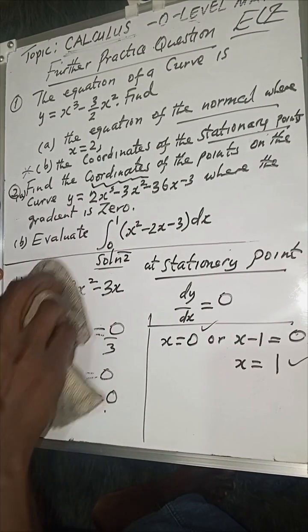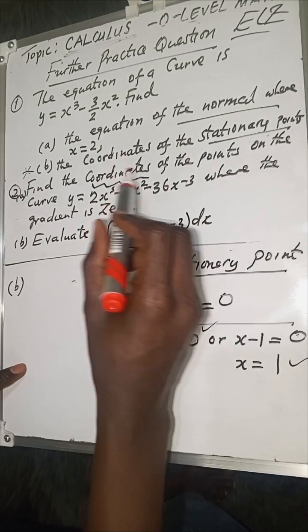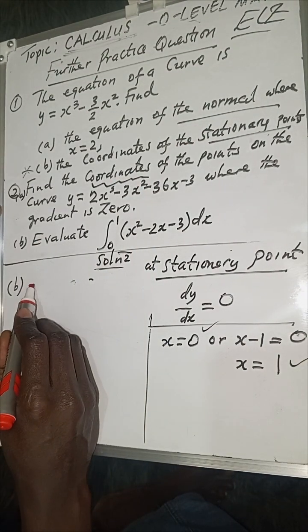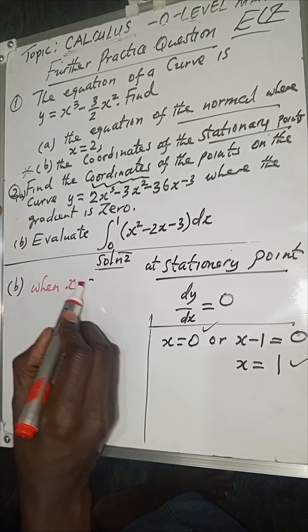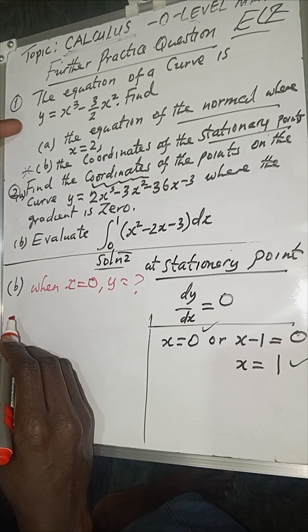So how do we do that? Okay, so you are going to replace these values into the original expression. So I'm going to say when x is equal to 0, what is the value of y? So we'll replace it in there.